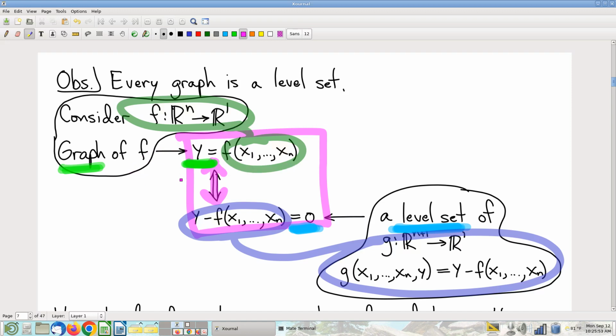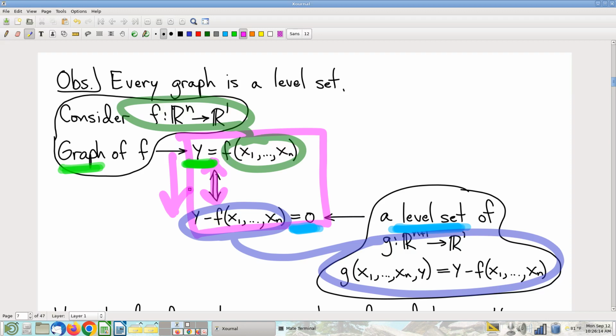You can always take what's on the right, throw it over to the left, and have a constant remaining on the right. Always doable. And therefore, we get to conclude that whenever you have a graph, you can always view it as being a level set of a different function.